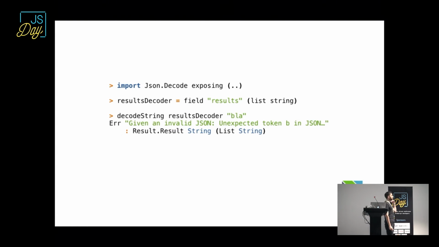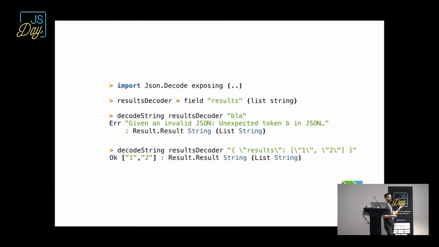So if we just try to decode something like blah or foo or something random like this, it will give an error. It's an error, an invalid JSON, because it's not what we try to decode. It's not respecting the contract.